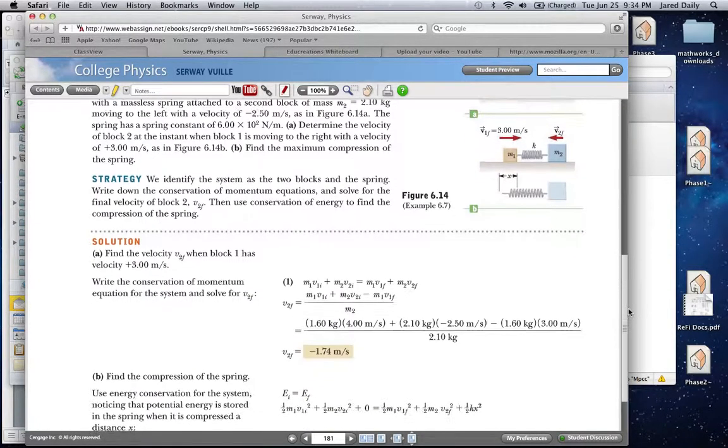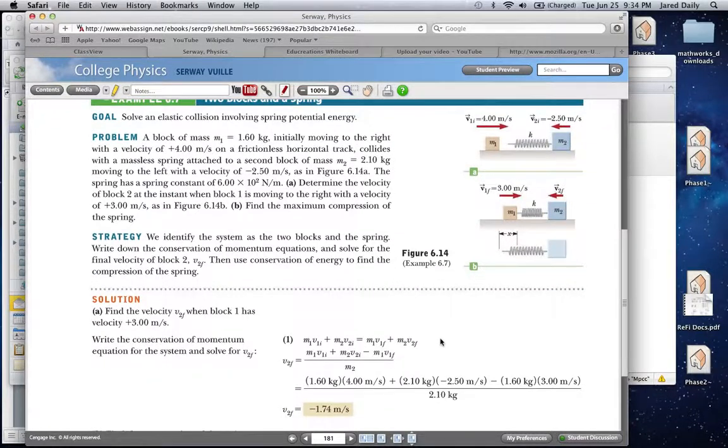Momentum is still conserved. So we plug into our momentum equation an initial velocity that they give us, which is the 4 meters per second, positive. The initial momentum of the second block, which is going to be negative 2.5 meters per second times the mass of the second block, which is given up here as 2.10 kilograms. And then the final velocity of block 1 is going to be the 3 meters per second.